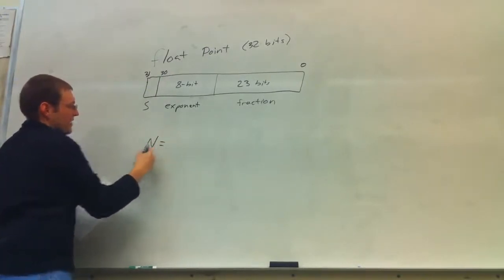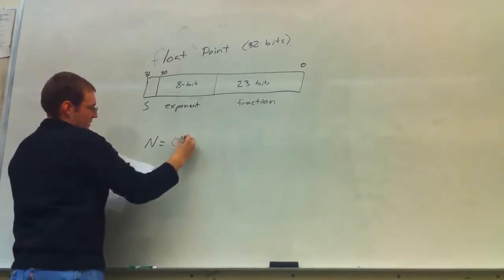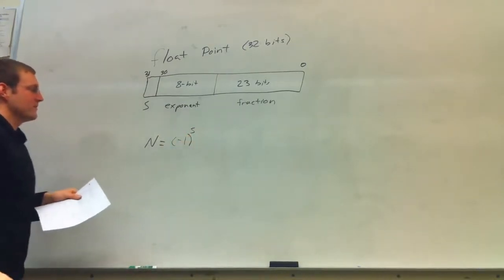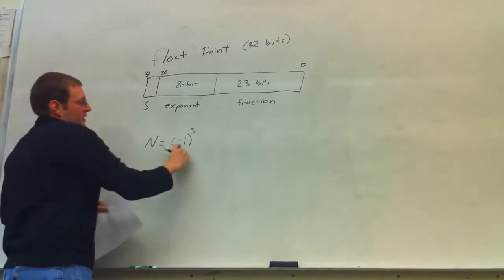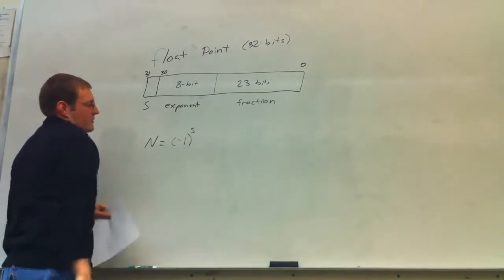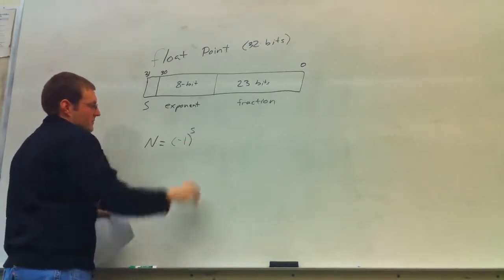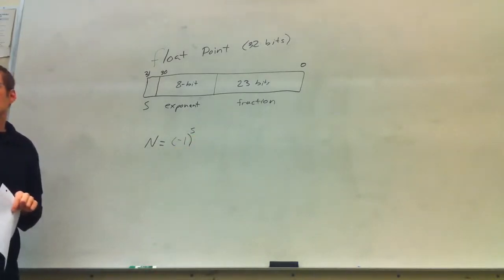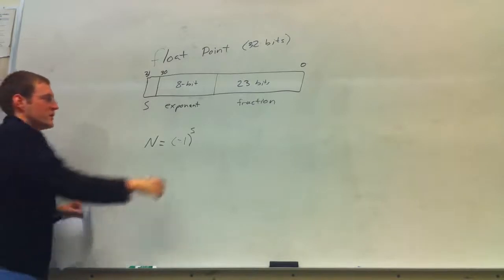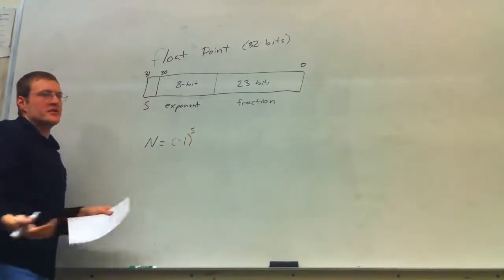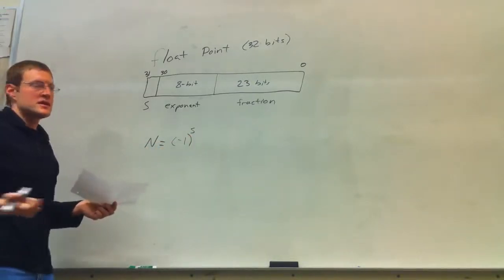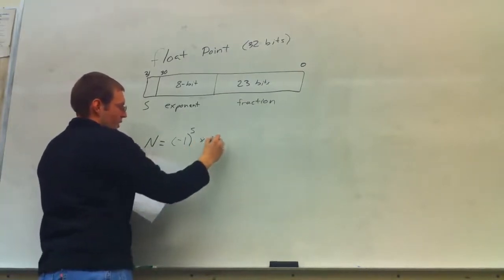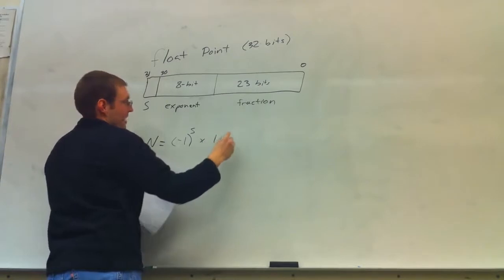So my number equals -1 to the sign bit. So if I have, say, 0, -1 to the 0 power is 1, and 1 is -1, since -1 to the 1 power is -1. So you see how it worked? We multiply it by 1 point, the fraction.